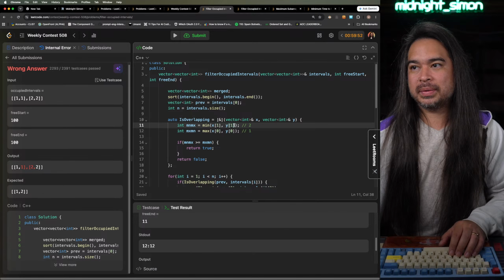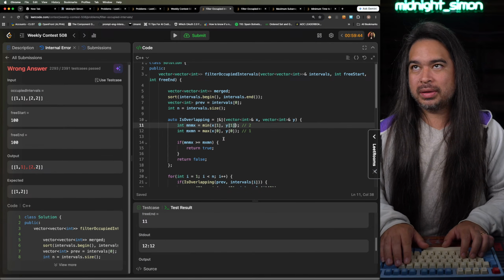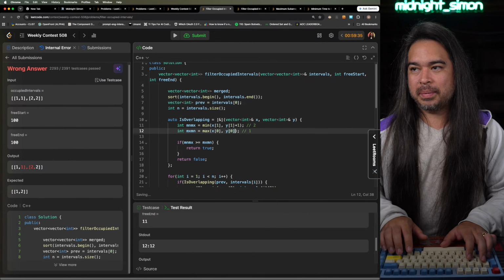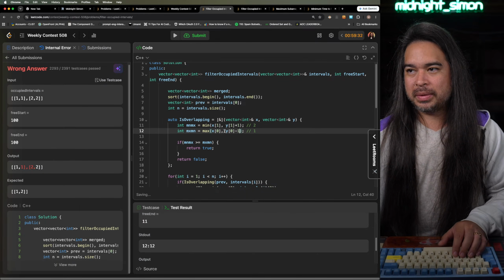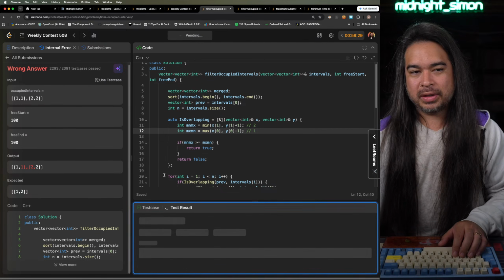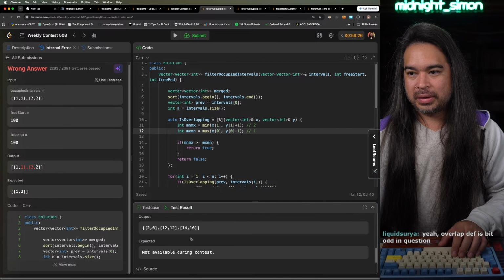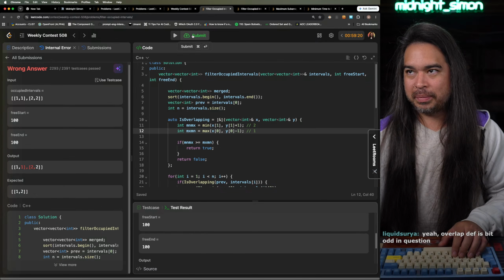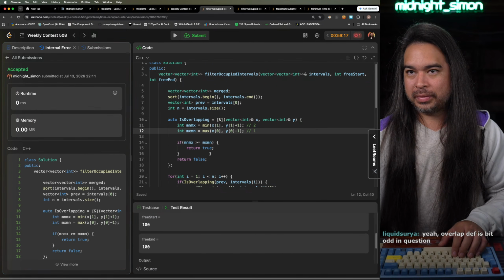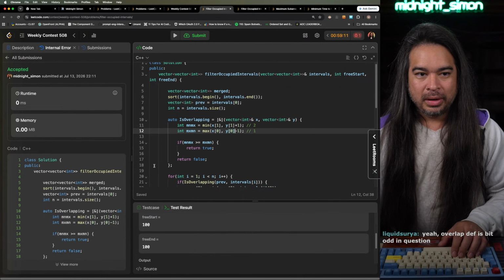So I guess one of these should be +1, because there's some off by 1 stuff going on. This overlap thing is a little strange, but I'm gonna try it like that. Alright, easy work. That overlap thing was super weird.